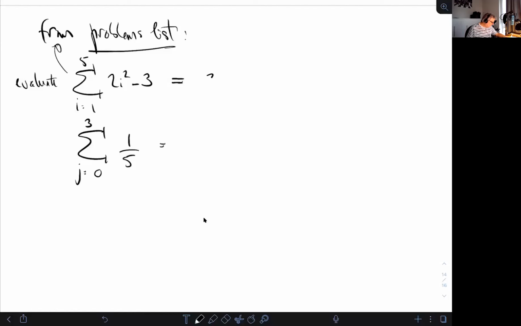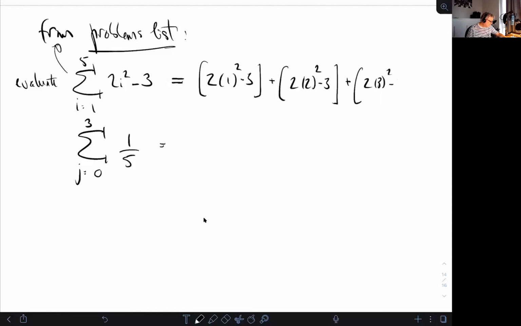So 2 times 1 squared minus 3 plus 2 times 2 squared minus 3 plus 2 times 3 squared minus 3 plus 2 times 4 squared minus 3 plus 2 times 5 squared minus 3.